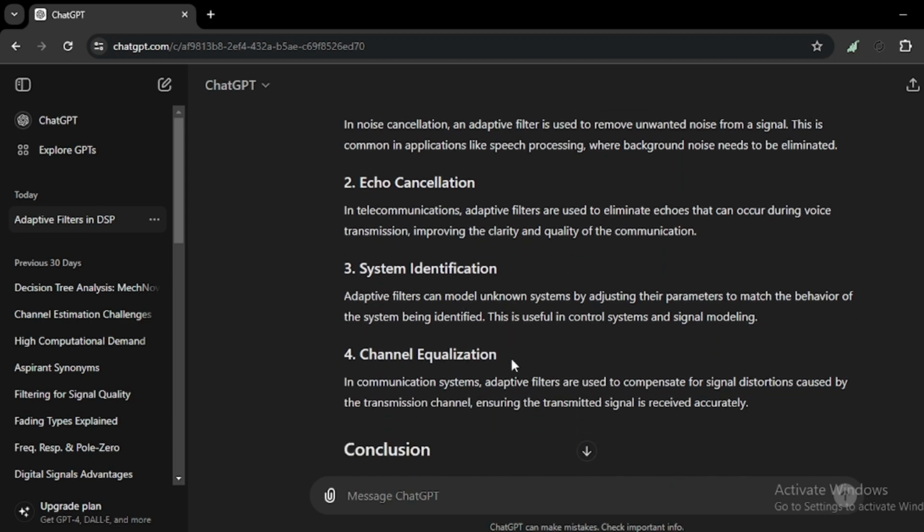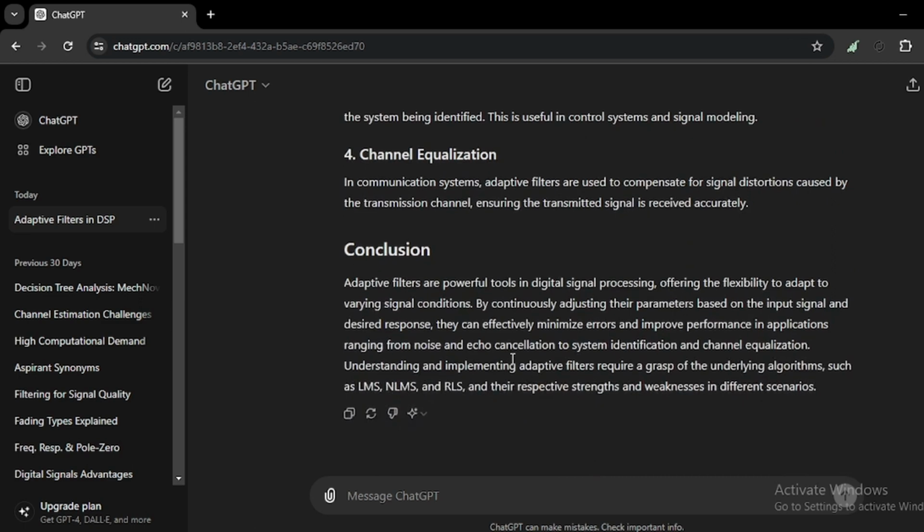Number 3, system identification. Adaptive filters model an unknown system by adjusting their parameters to match the behavior of the system being identified. This is useful in control systems and signal modeling. Number 4, channel equalization. In communication systems, adaptive filters are used to compensate for signal distortion caused by the transmission channel, ensuring the transmitted signal is received accurately.